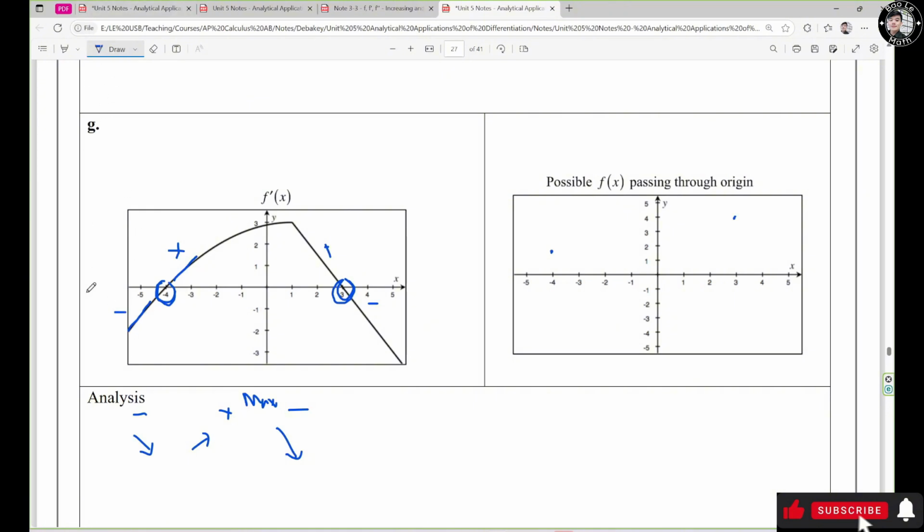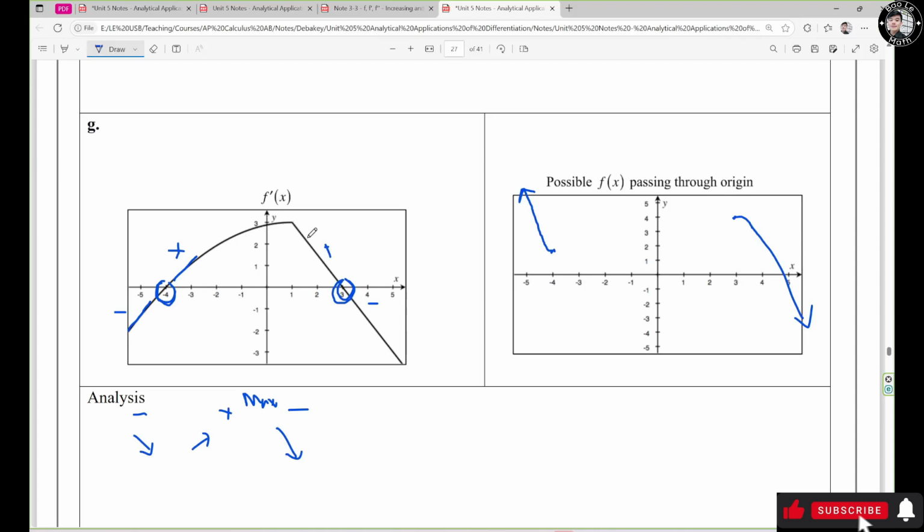Now, from negative infinity to negative 4, the function f of s is decreasing because f prime of s below the axis is going to be negative, right? So this one is decreasing. Alright. And then from 3 to positive infinity, it's going to be decreasing, right? So it could be something like this. Now from negative 4 to 3, f prime of s is above the axis, so it could be greater than 0, right?